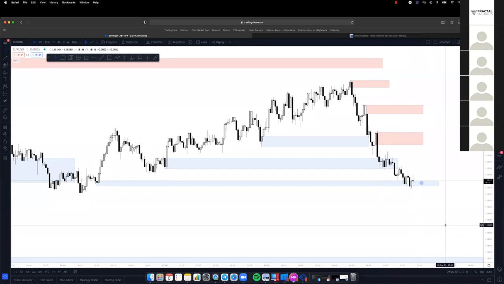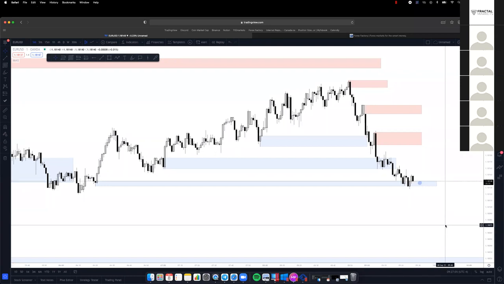I apologize to anybody who came in hoping for explicit signals, because that's obviously not what this is. I haven't taken a trade yet, for the record. I've put orders on, but I have not taken a trade. Now it's just a matter of sitting here waiting for the criteria to be met.